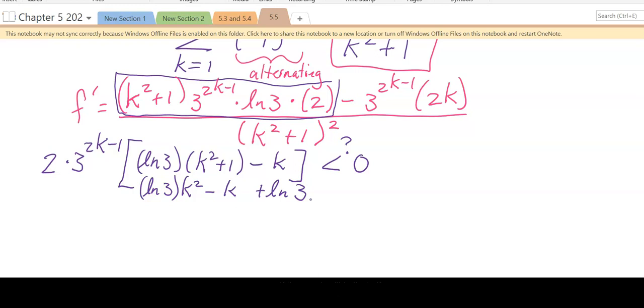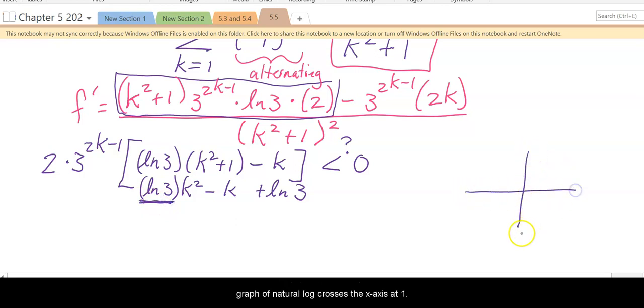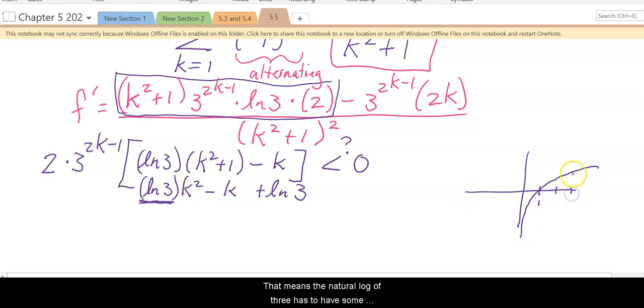In fact, if I think about it, I know the natural log of 3 is going to be a strictly positive number because I know that the graph of natural log crosses the x-axis at 1. That means the natural log of 3 has to have some positive value.